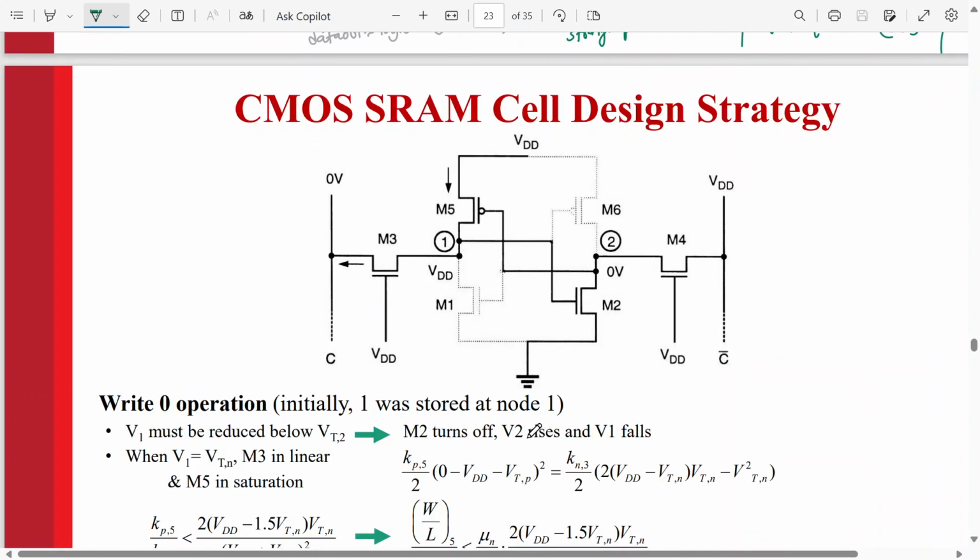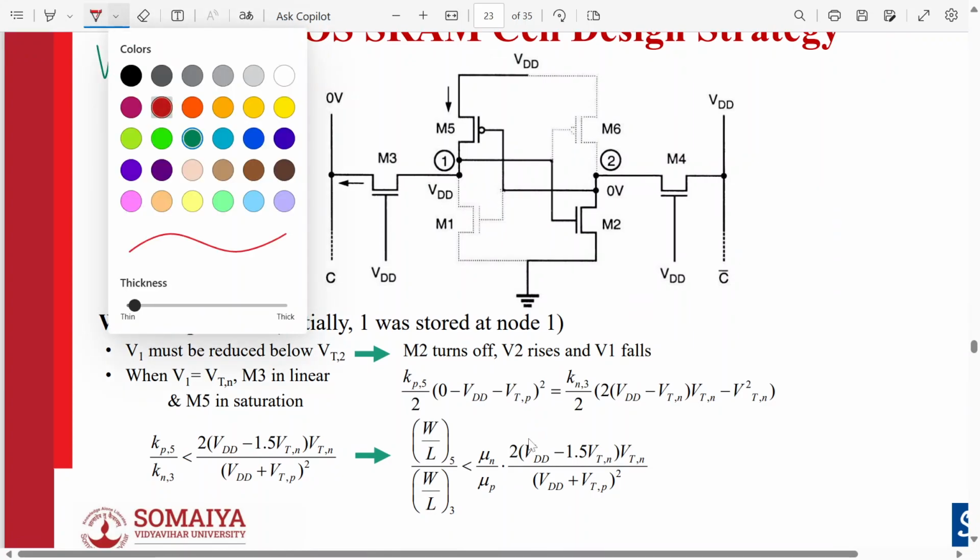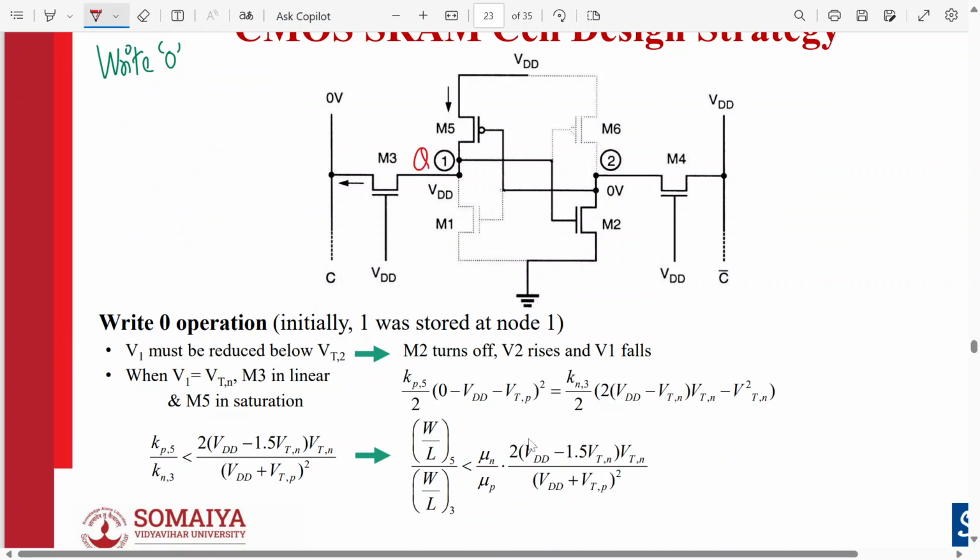Everyone, write 0 operation. Alright? Are you ready, everyone? So here it is Q, here it is Q bar. So initially here Q is VDD and Q bar is 0. So what do we do? We have to write a 0.